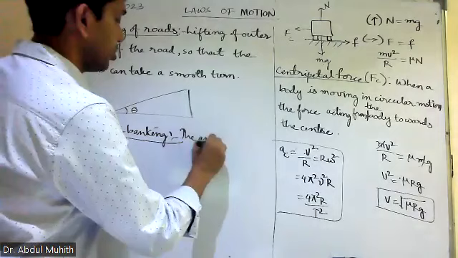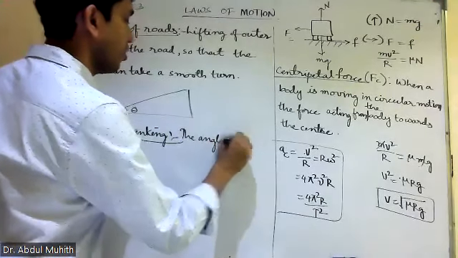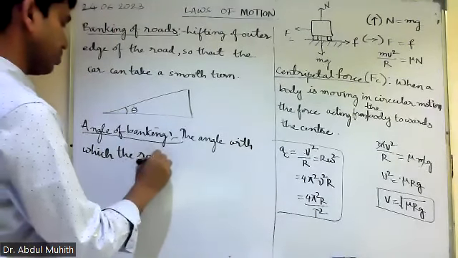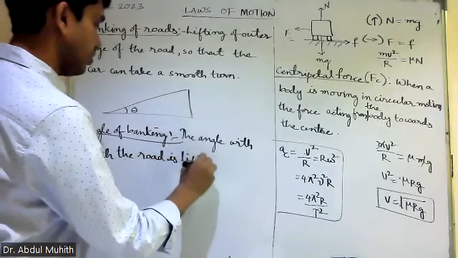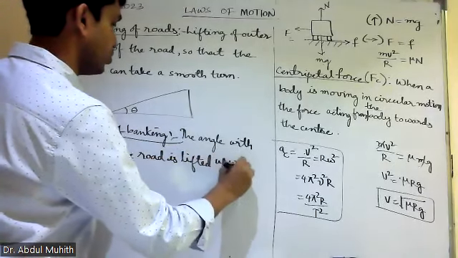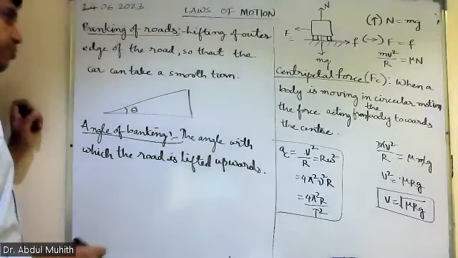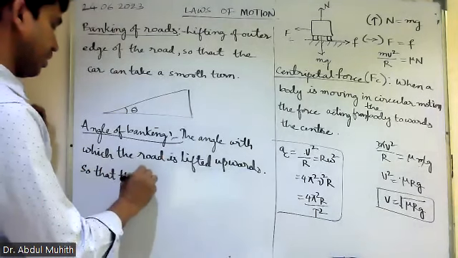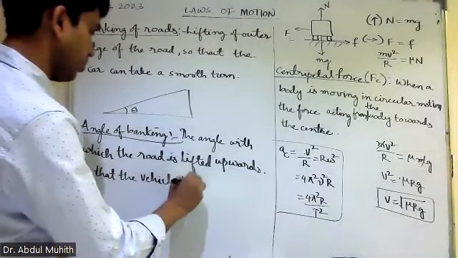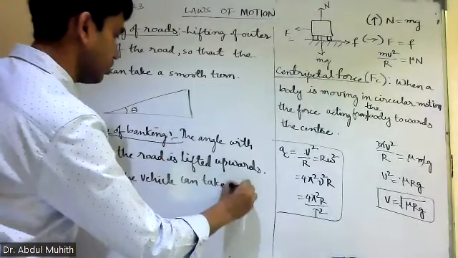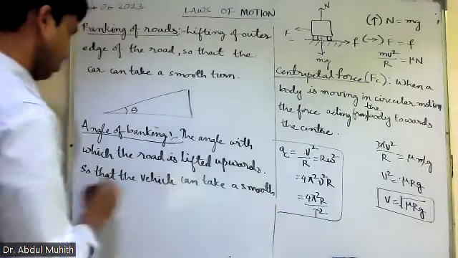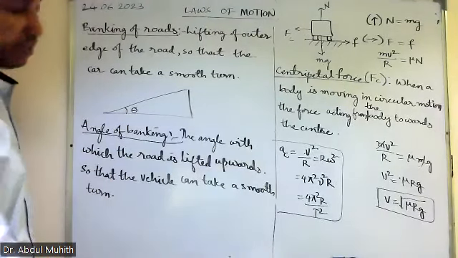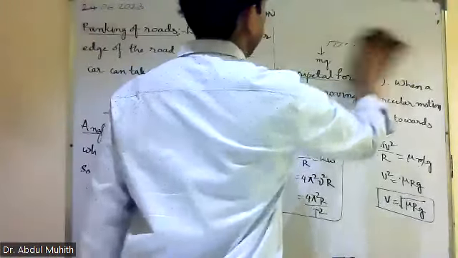The angle with which the road is lifted upwards, so that the vehicle can take a smooth turn. That is said to be the angle of banking. Clear?